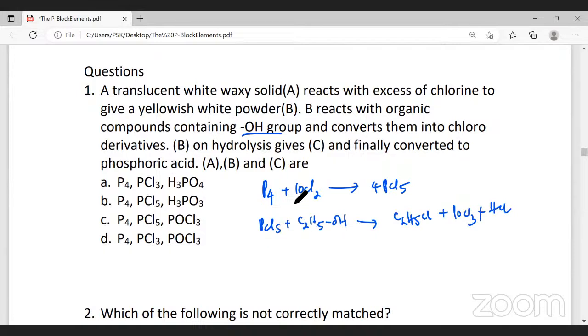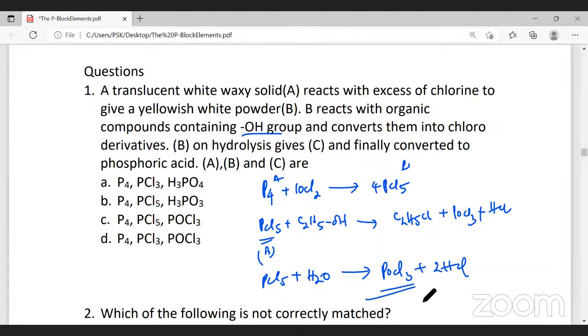Now, this PCl5 which is formed, this is B. This is A and this is B. Now, this B on hydrolysis gives you C. Now, what is the C? POCl3 plus 2HCl. So POCl3, this is C. Hence, the answer for this question is option C, P4, PCl5, and POCl3.